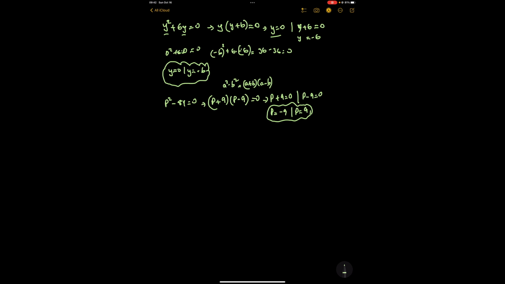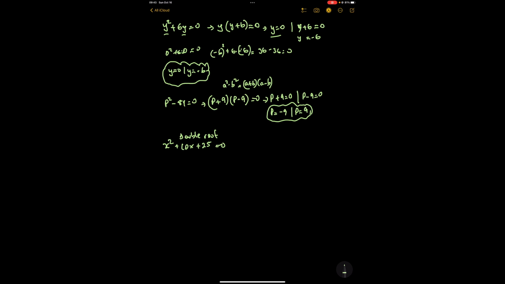Let's say we have x squared plus 10x plus 25 equal to 0. Remember we were talking about the double root? This is a perfect example of what we called a double root.